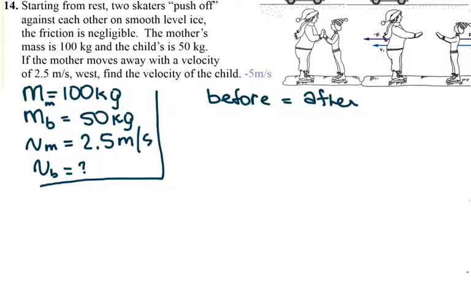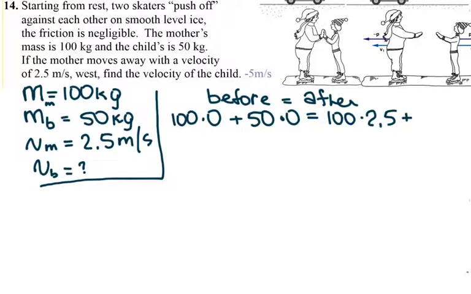So I have the mass of the mom times velocity of the mom before, plus mass of the son, or the boy, times velocity of the boy before, is equal to mass of the mom times velocity of the mom after, plus mass of the boy times the velocity of the boy after. So that's the velocity I'm looking for.